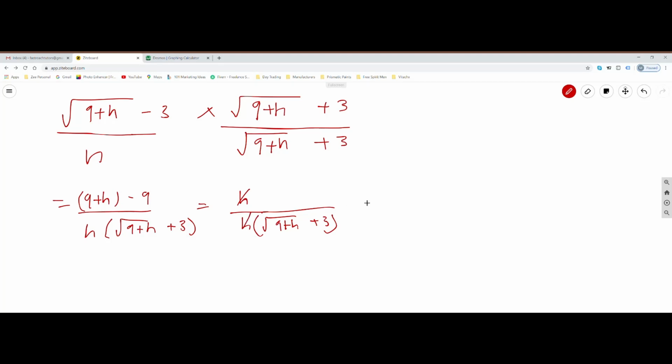So let's cancel, and you're left with 1 over square root 9 plus h plus 3. So that is the answer for that one.